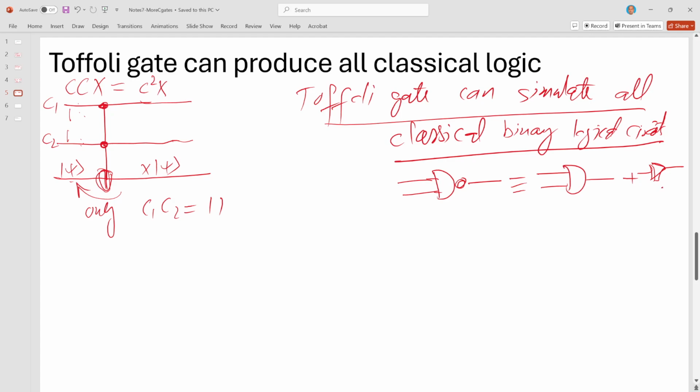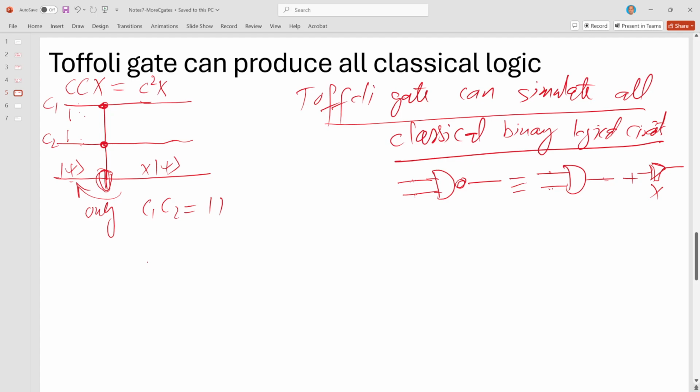A NOT gate is just an X gate, and an AND gate has this logic that if both of the inputs are 1, then the output is 1. Otherwise, if even one of them is 0, we get 0. A NAND gate is the opposite: if both inputs are 1, we get 0. If either one of them is 0 or both are 0, we get 1. So let's see how the Toffoli gate can simulate these gates.